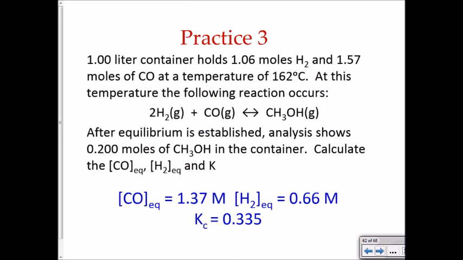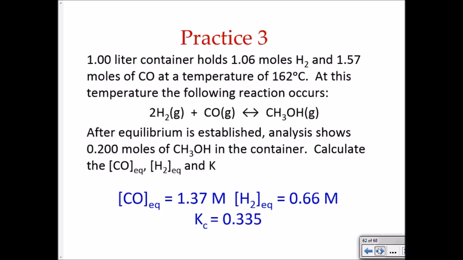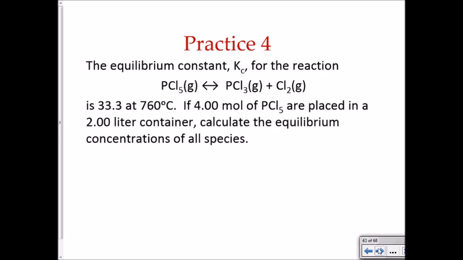Now I'd like you to try number 4 on your own. I'll give you a couple minutes to set up your table. You pay attention to your container now. How many liters are in the container? 2. So, since there's 2 in the container, you definitely need to be paying attention to calculating your molarities correctly.